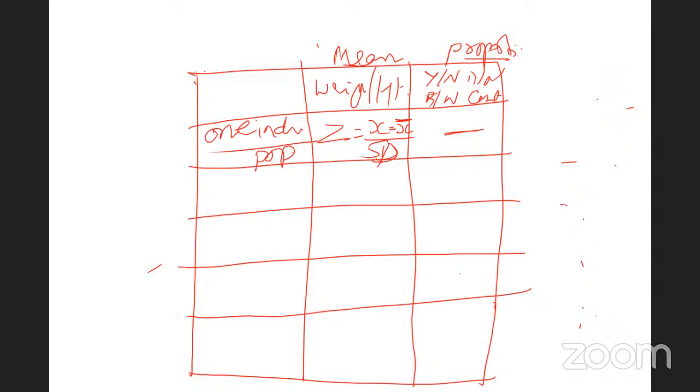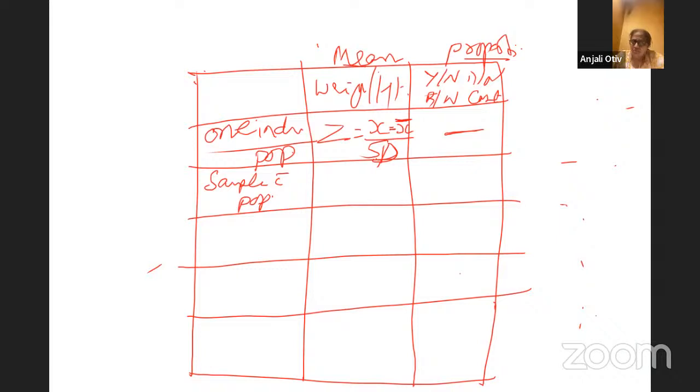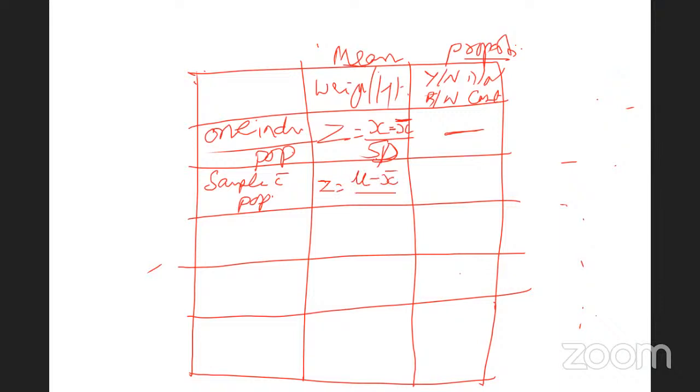When you want to compare a sample with a population, and you have 10 or 20 people, 40 people, 50 people, you want to talk about 500 people, and you want to find out the population mean, or whether the sample belongs to the population or not, at that time, Z is equal to population mean minus sample mean upon standard error of mean.